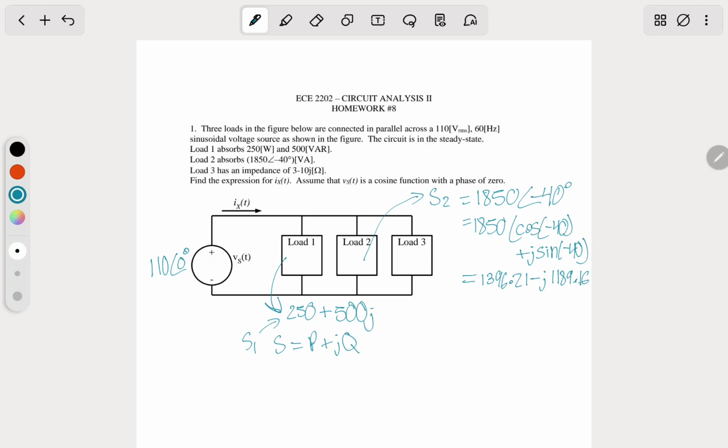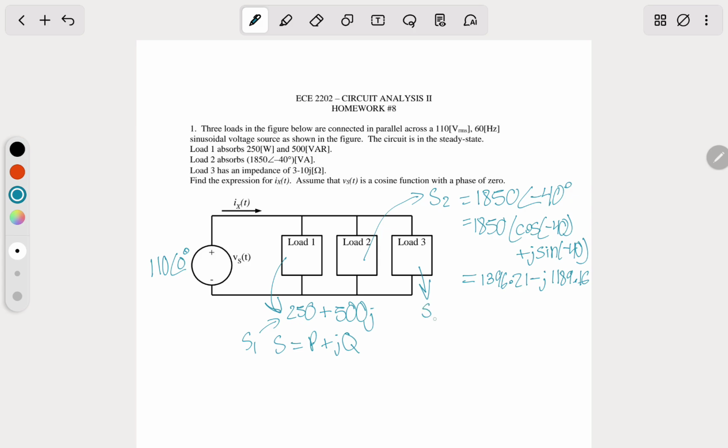In order to convert load 3 into complex power, we need to use the voltage and the impedance.